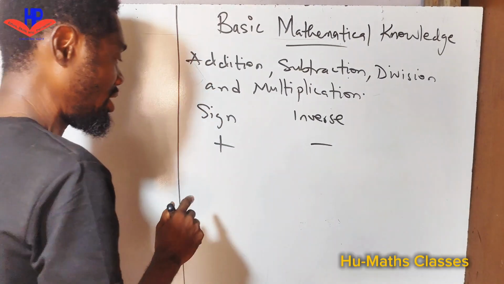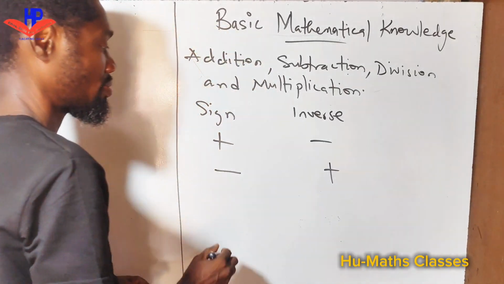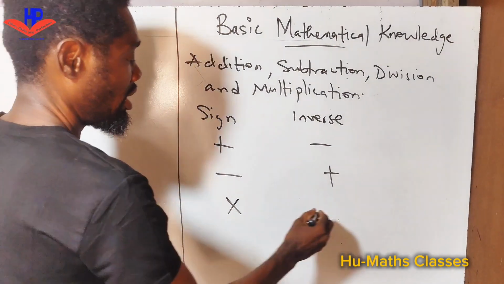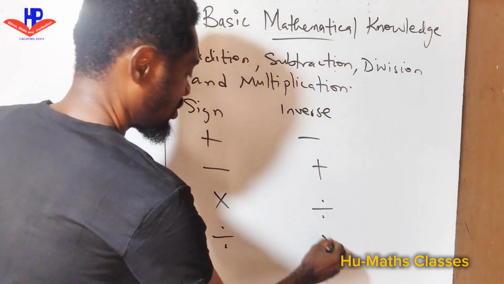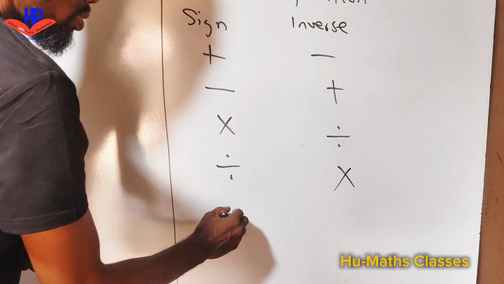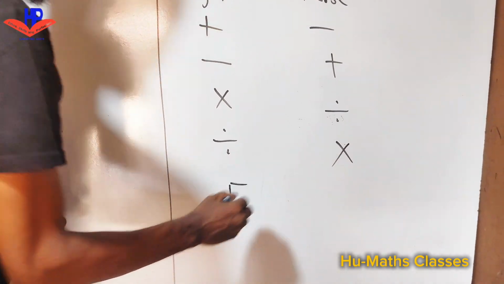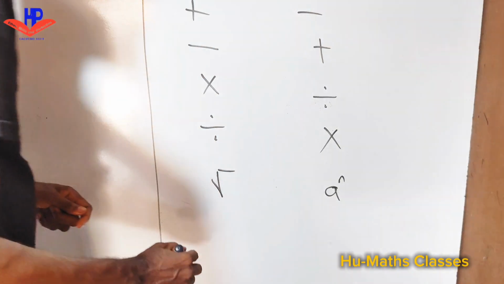You should have that in your mind. That of minus is plus. That of times is division. That of division is times. And that of root is power. Let me use a as the base number, power.